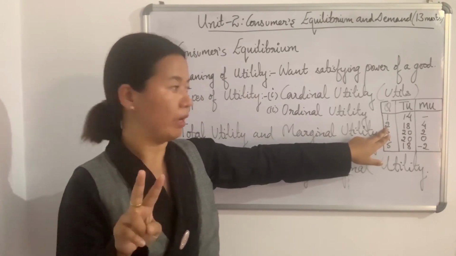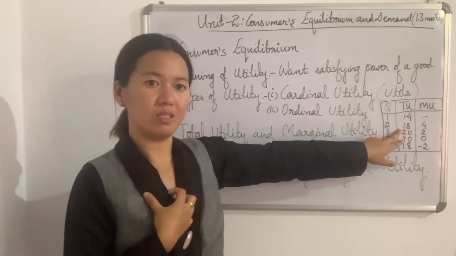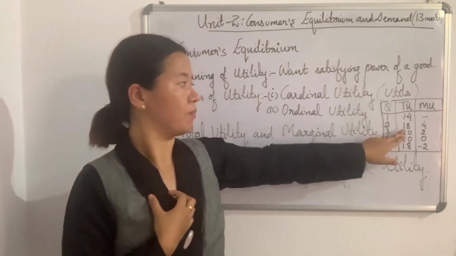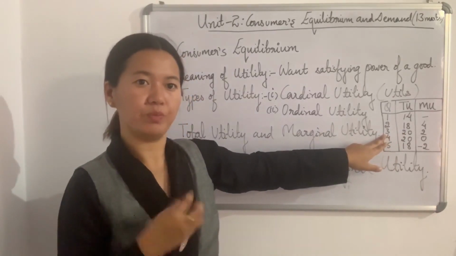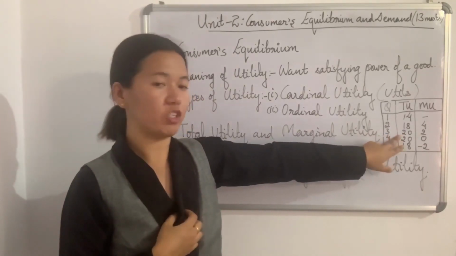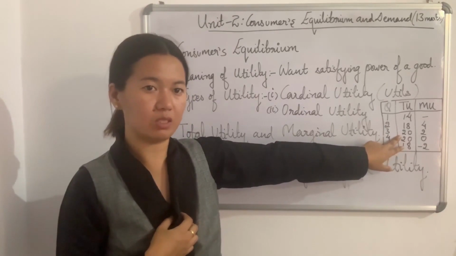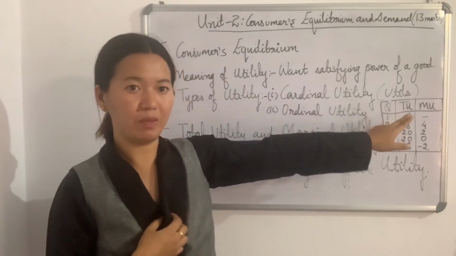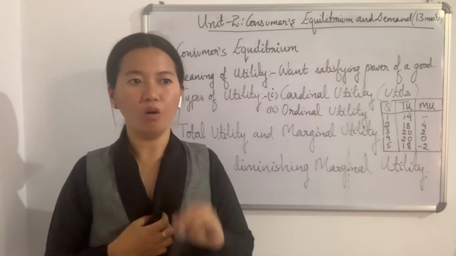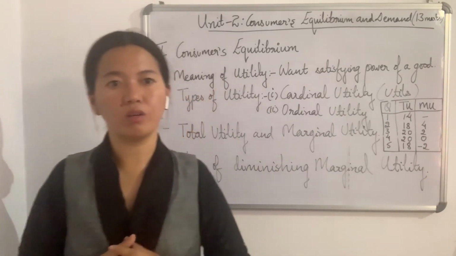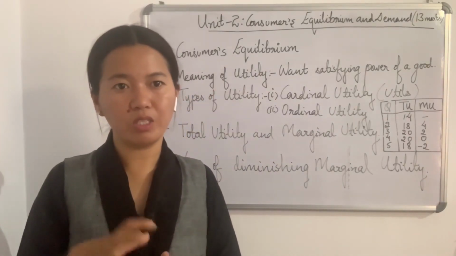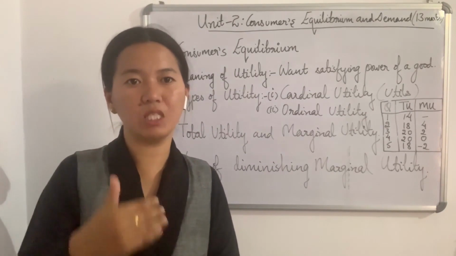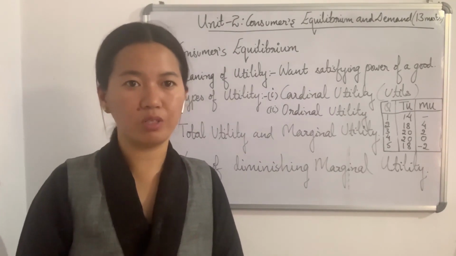When I consumed 2 apples, the total satisfaction I received is 18 utils. And when I consume 3 apples, the total satisfaction I received is 20 utils. So the total satisfaction which you receive from consuming all the units is called total utility.